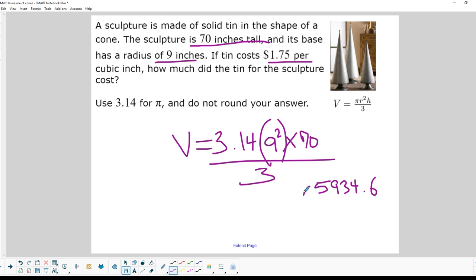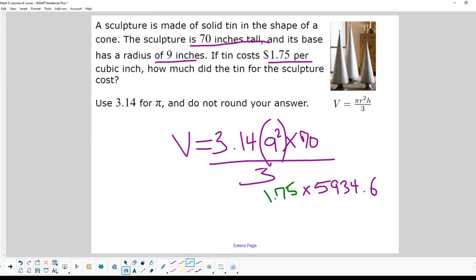Now we're going to times that by $1.75. So $1.75 times all of that.